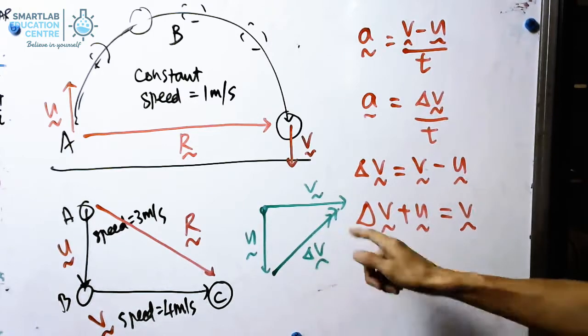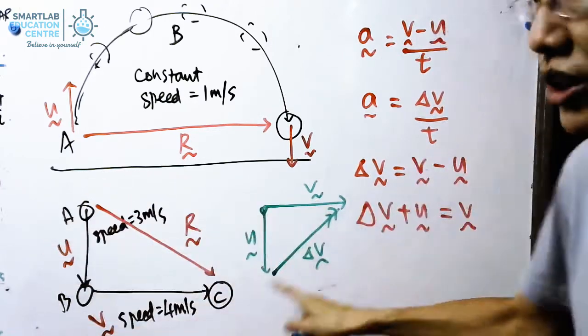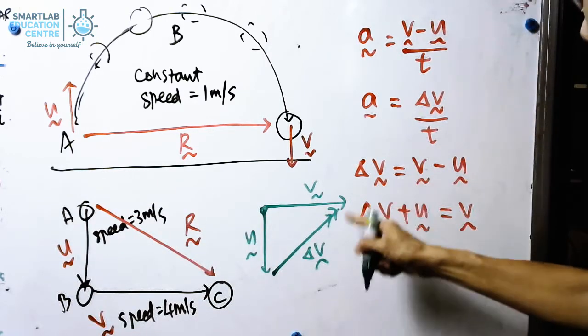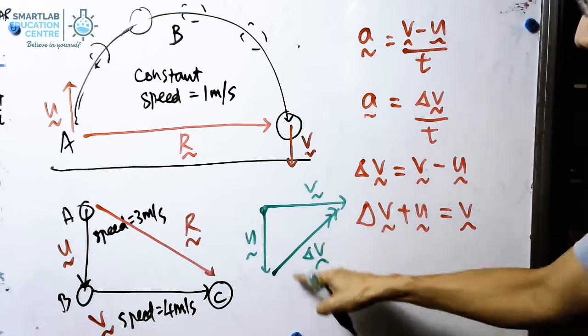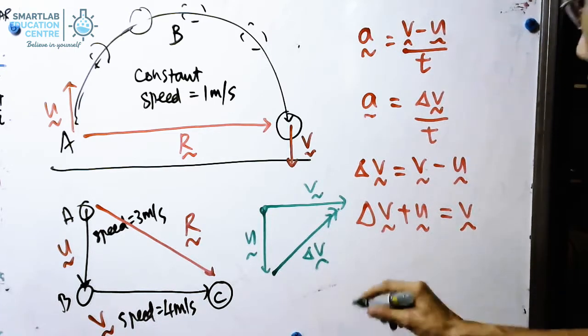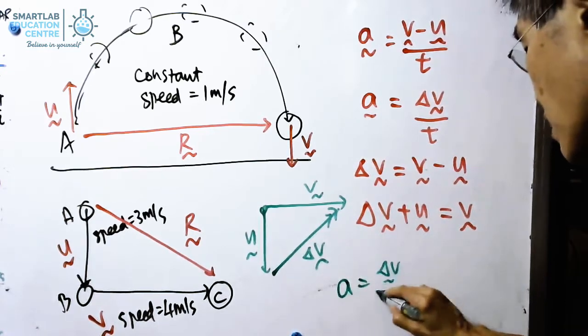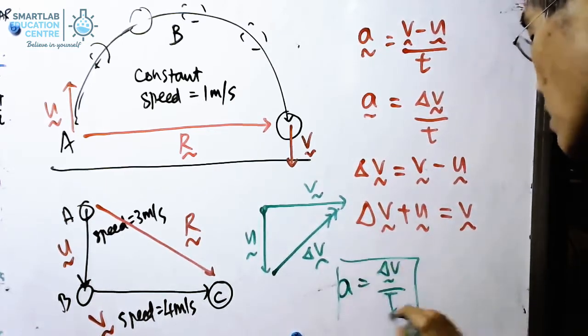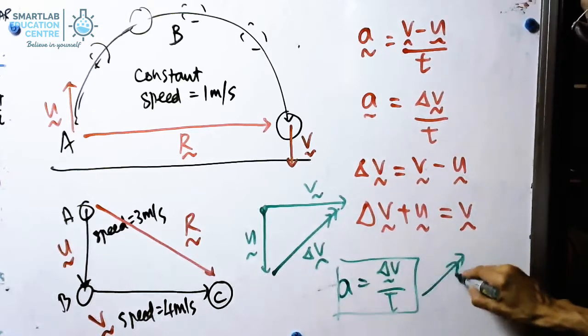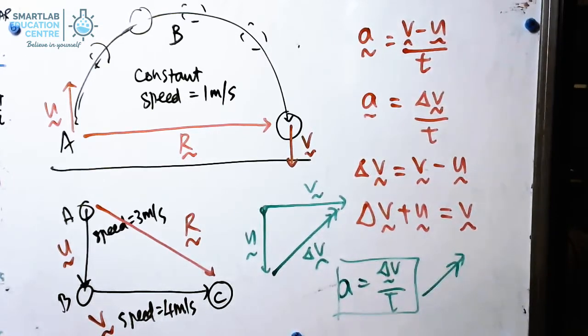So in this case, for this motion, the direction of the acceleration is the same as change in v. All right, so a will now be change in v over t, like we mentioned. But more importantly, we know that that's the direction of the acceleration.